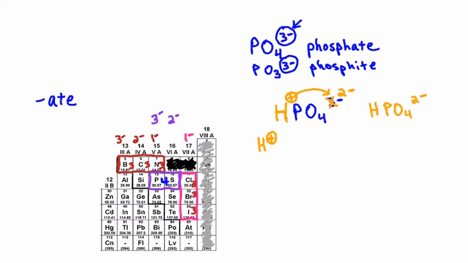So what if you add 2 hydrogens to phosphate? Well, if you have 2 hydrogens, then that means you're going to have 2 positive charges. And here's your phosphate.